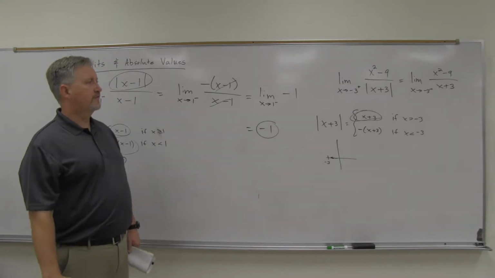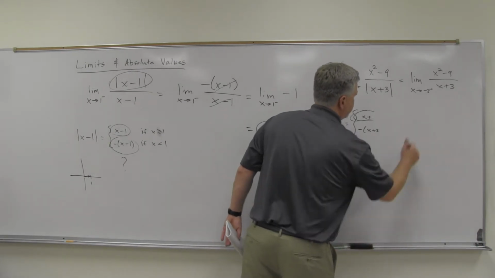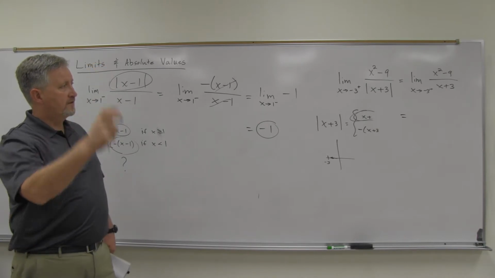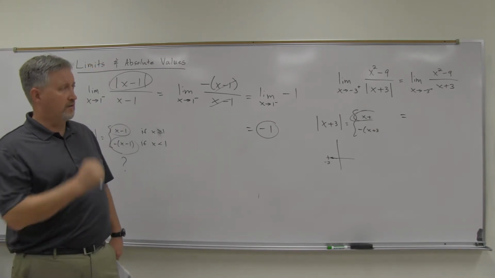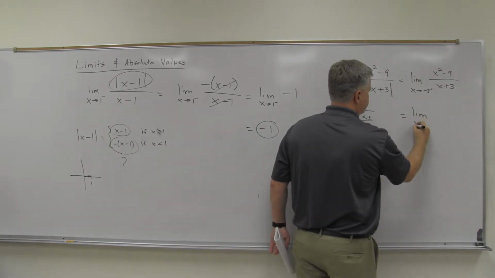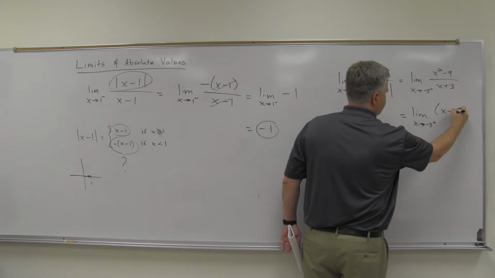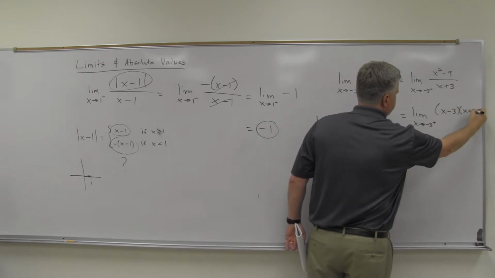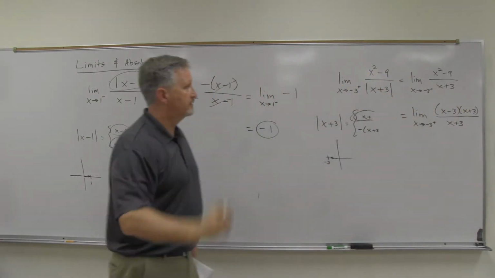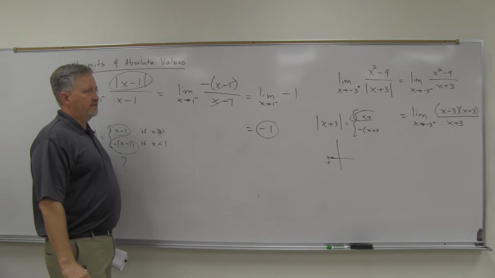Now, unlike the previous problem, I still have a little bit of work. I need to factor that top, and I guess I could have done it on that step too, but it's a difference of squares. And so it's x minus 3 times x plus 3 if I factor it.